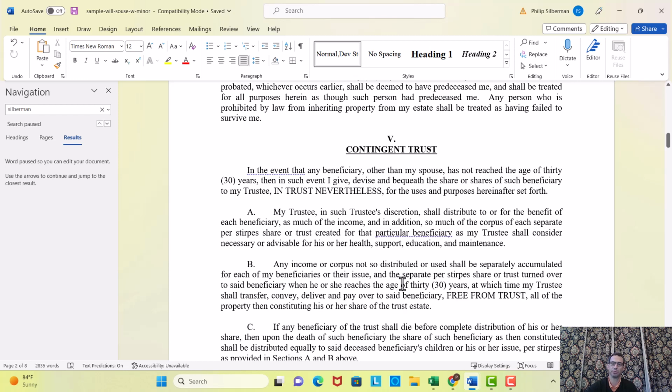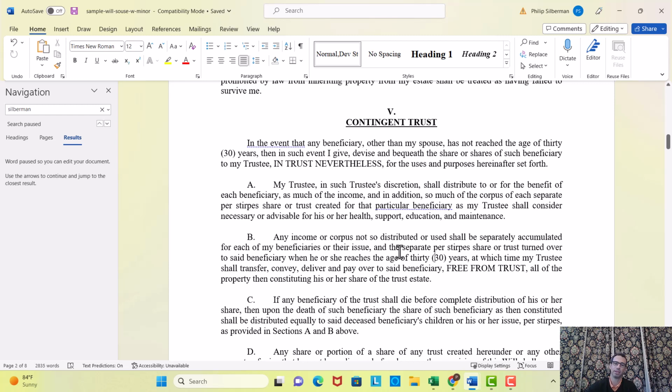In this case, we pick 30. That's kind of a typical age where in today's day we think that adults should be able to properly manage a sum of money that they inherited at the age of 30. So in the event the wife predeceases, children get the assets in trust.